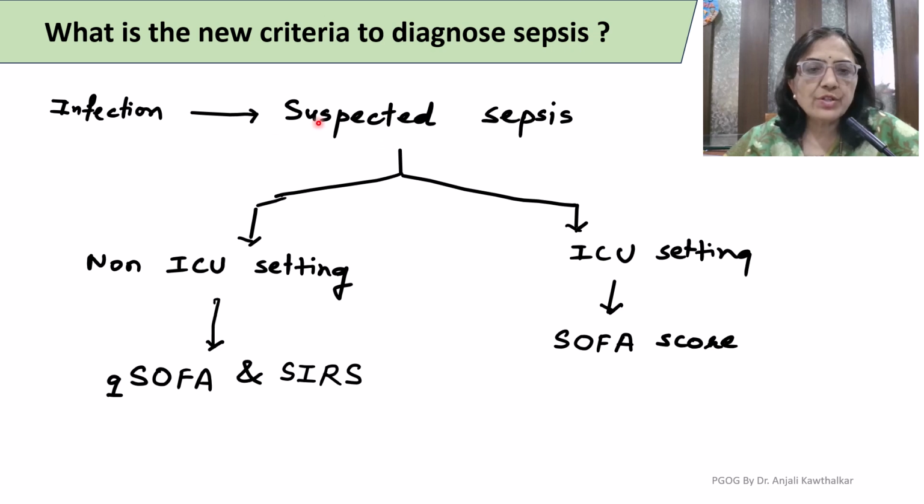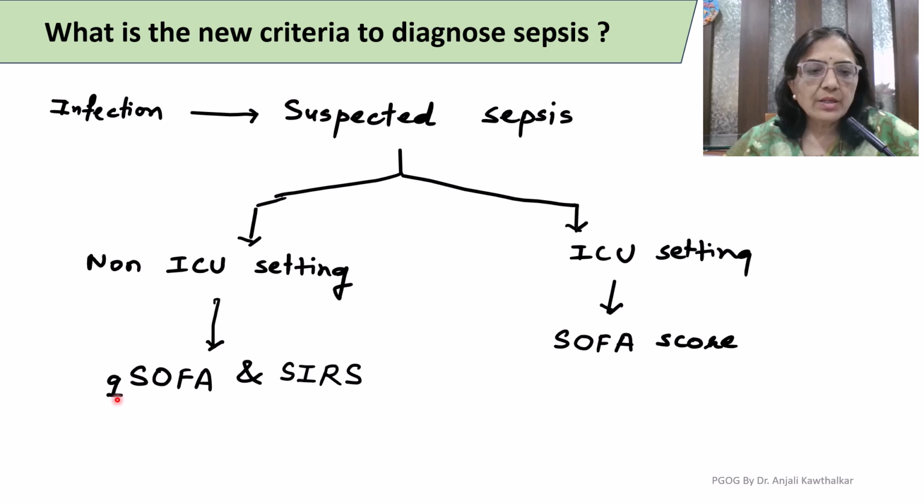So whenever there is an infection and a suspected sepsis in a non-ICU setting, what we have to follow is the Q-SOFA criteria. Quick SOFA, sequential organ failure assessment.